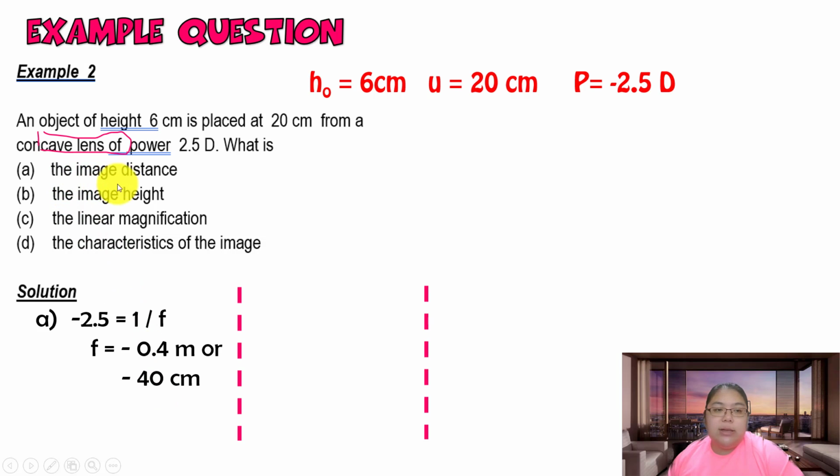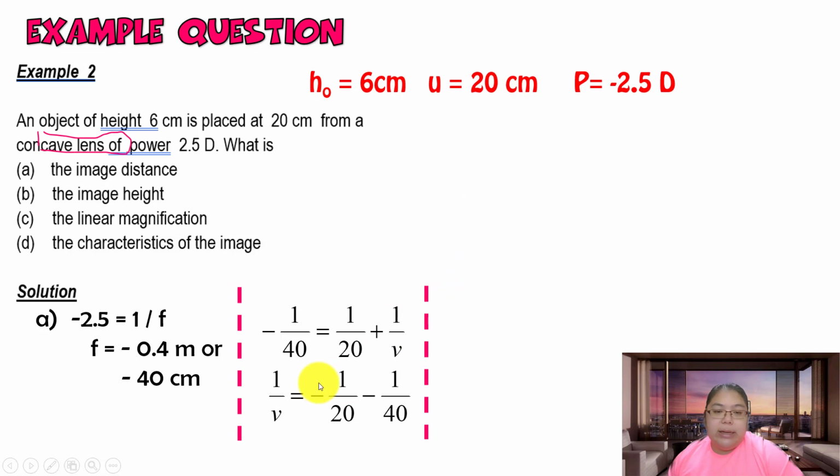So the first question I want to find image distance. Same like the just now formula. Okay, so I straightforward convert negative 1 over F equals 1 over U plus 1 over V. So I go to adjust. Okay, now 1 over V equals negative 1 over 20 minus 1 over 40.